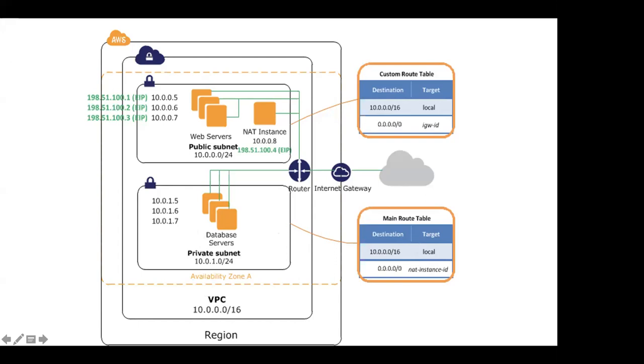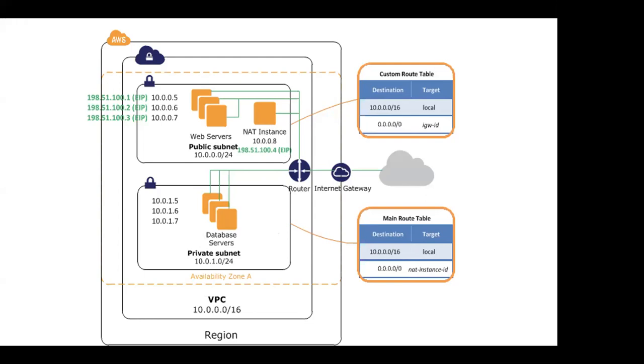But now you have created a NAT instance in the public subnet, which has got internet access. So now you want to do NATing of all your private IP addresses to this one single IP address, like how you do at home. In your home, you have one single router, and you have 20 devices connected to that router.